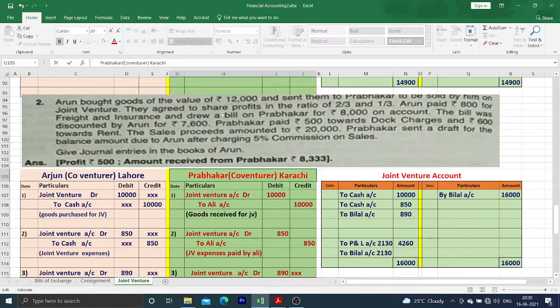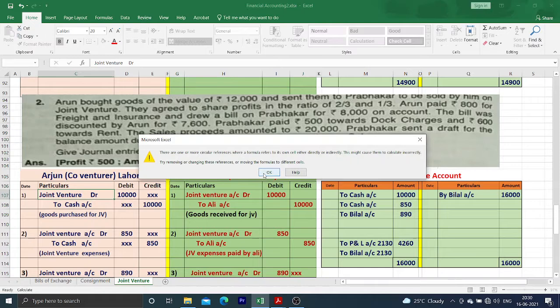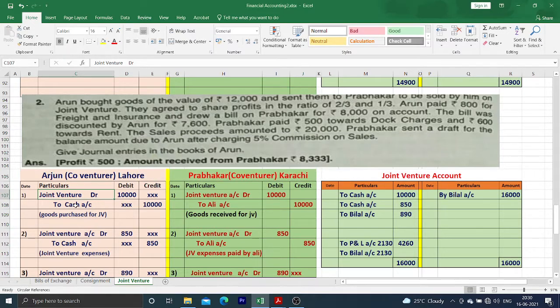Arjun bought goods to the value of 12,000. Joint venture account data to Prabhakar account. Amount is 12,000.